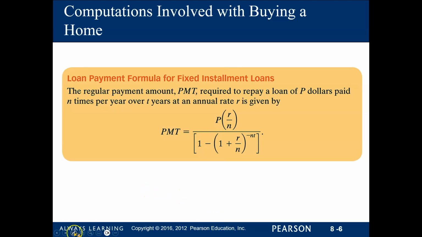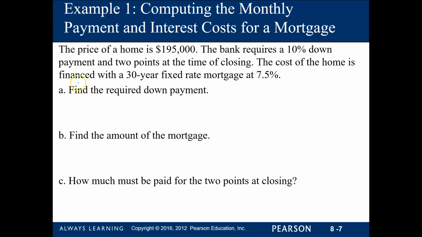So let's have an example problem with a home with the price of $195,000. The bank requires a 10% down payment, and then 2 points at the time of closing. The cost of the home is financed with a 30-year fixed rate at 7.5%.